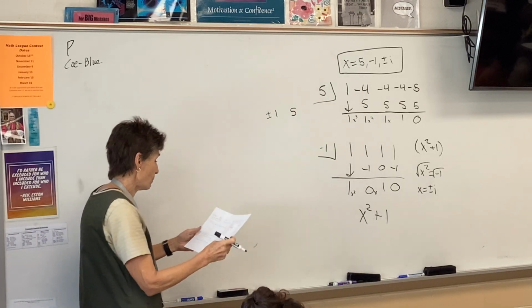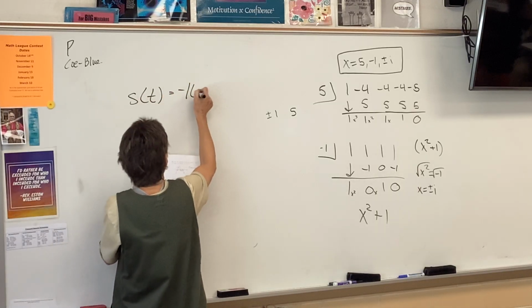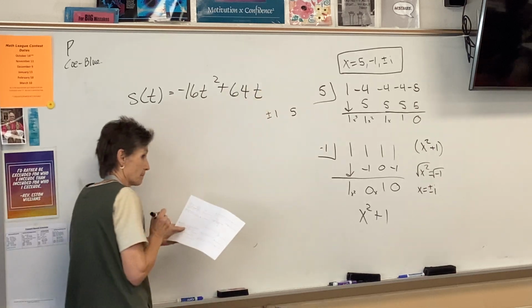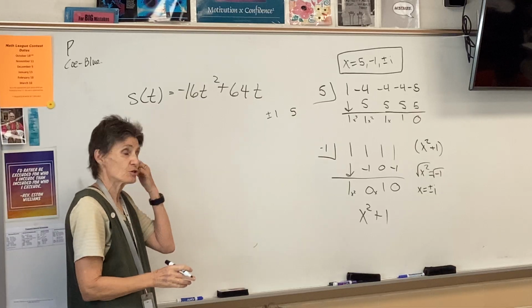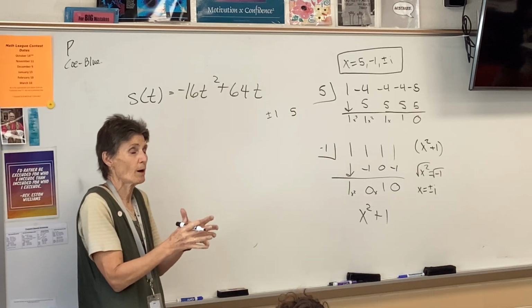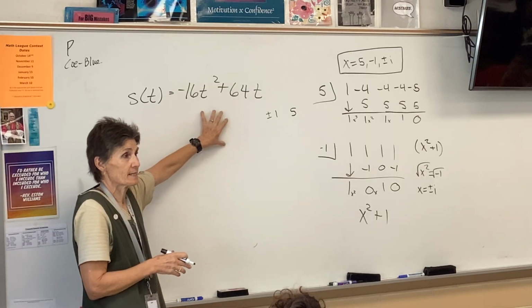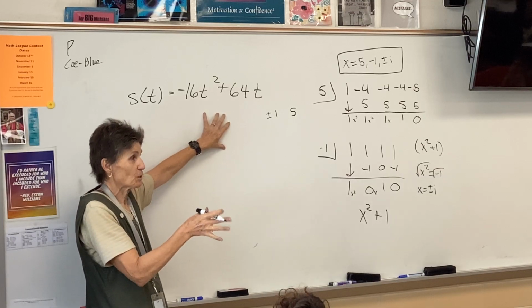All right, now we've got the height of a ball at time t. You guys, listen, it's a different problem, but it's just like the revenue problem we did a minute ago. What kind of an equation is this? Well, it's projectile motion.